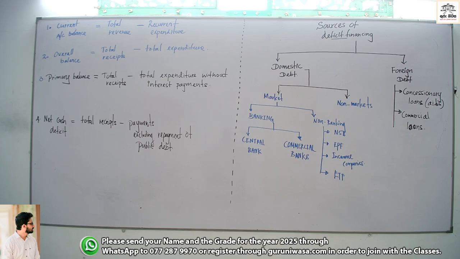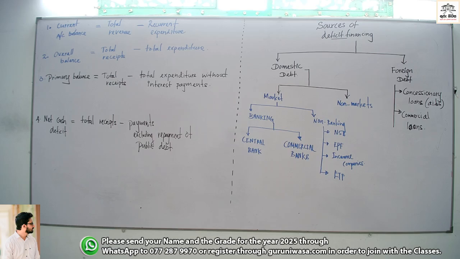Yesterday I discussed four main budget concepts, four different types of budget balances. First one, current account balance. Second one, overall budget balance.